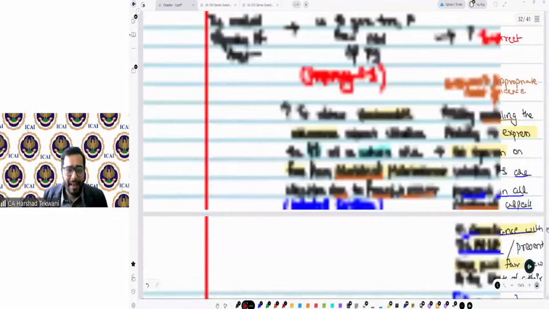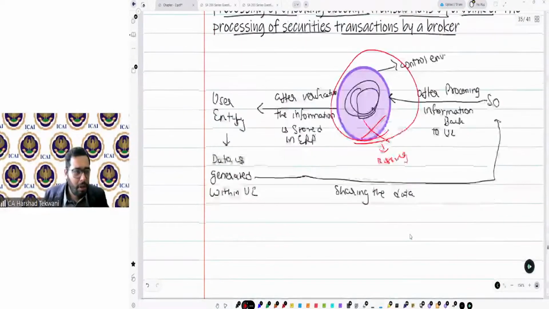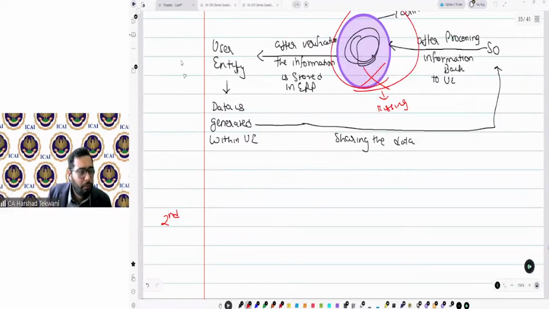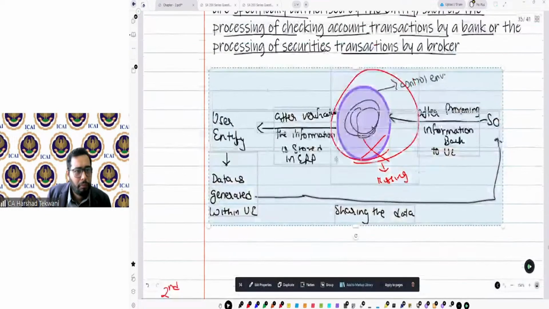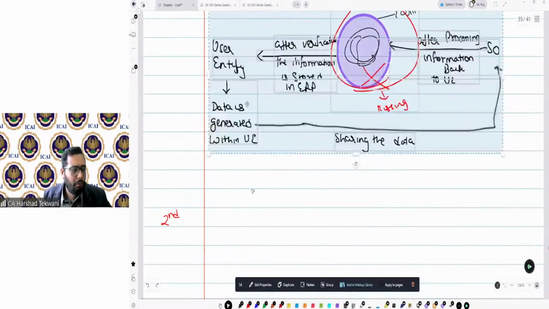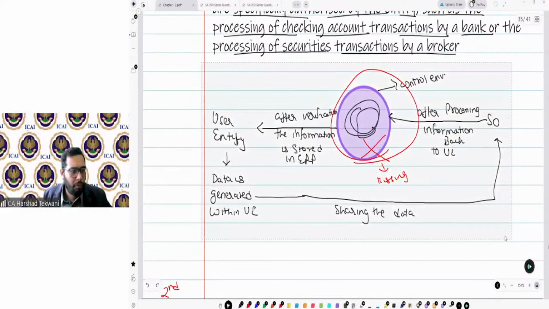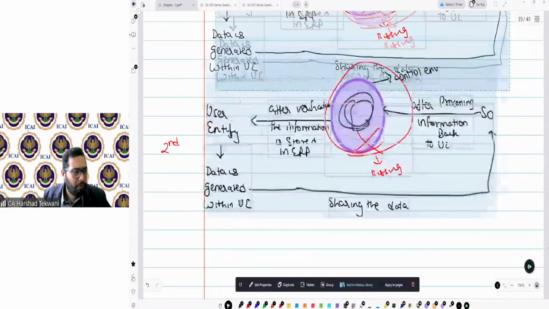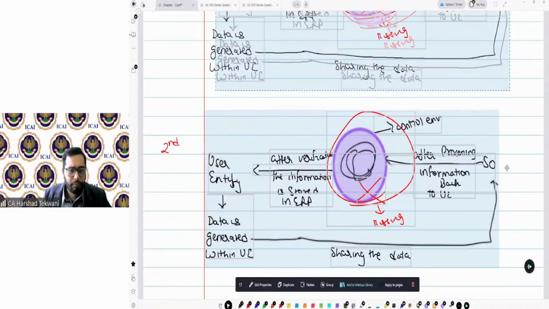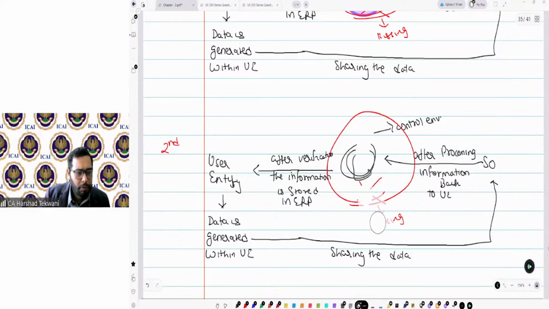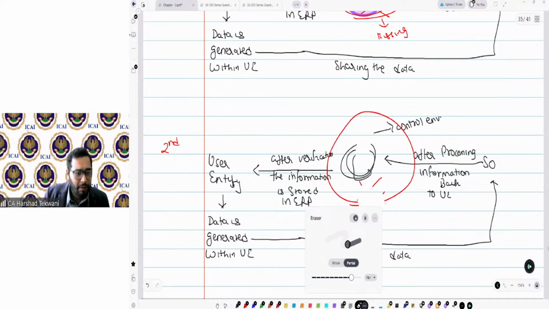So the second scenario, I'll write it here: the control environment is actually missing.